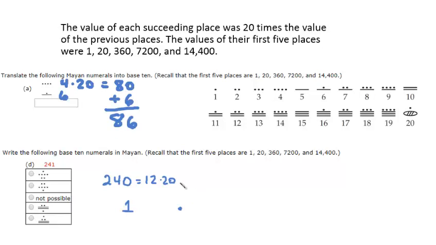So that would be 12 of those. So I need to next write 12, and that would be 2 bars and 2 dots. And that is this guy right here. So remember, in the Mayan system, the very first one is your multiples of 1, or your representation in the ones place. The second one would be your multiples of 20.